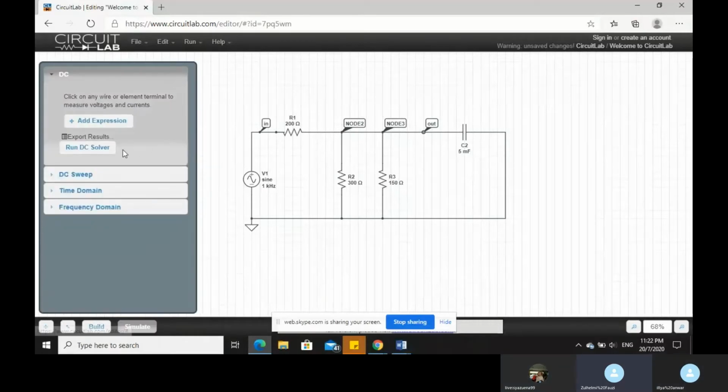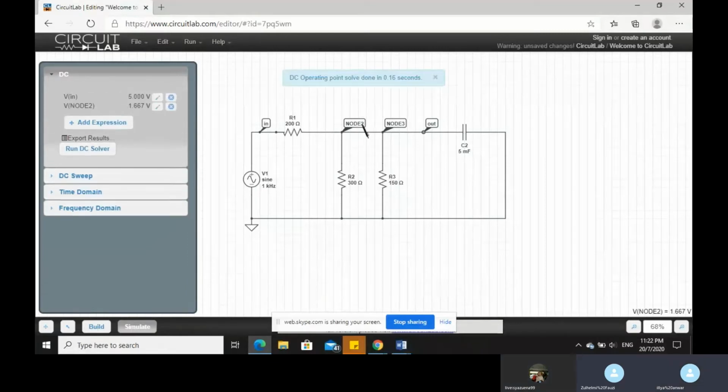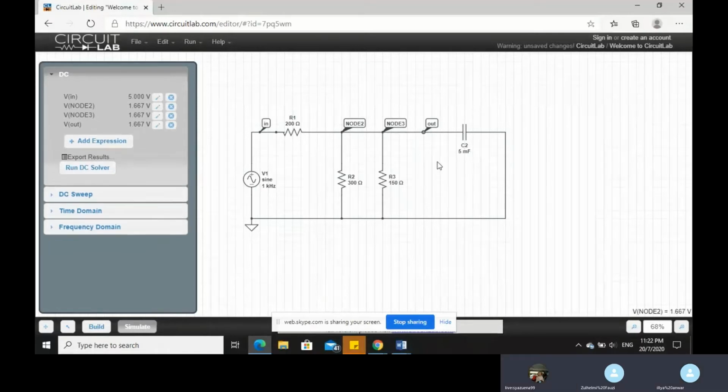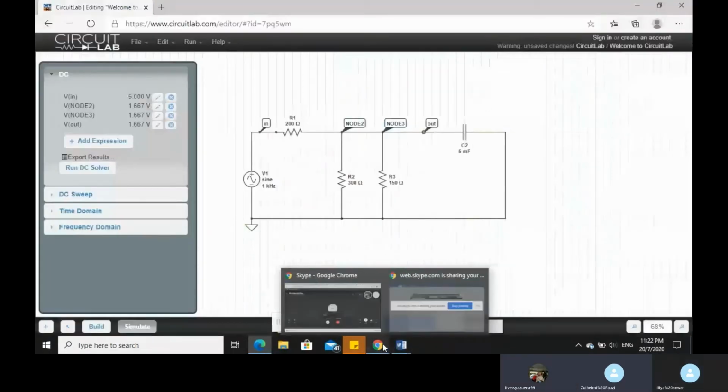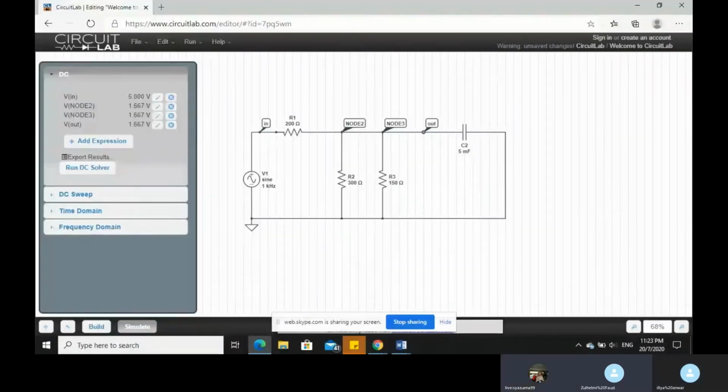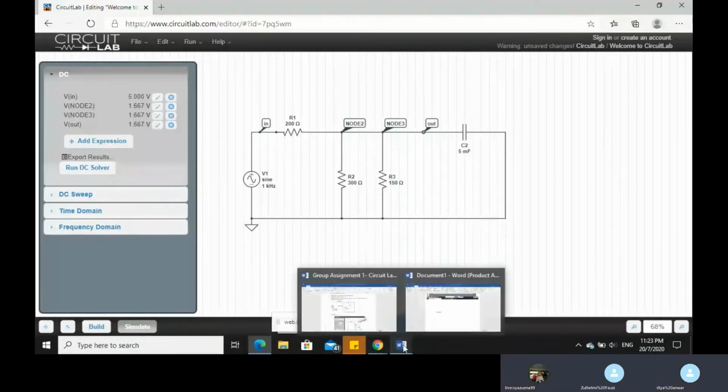We will run the DC solver, and you can click it. After we click one by one on the points that we already put, we get the value for V in is 5 volt, V for node 2 is 1.667. It is the same also for node 3 and for V out.